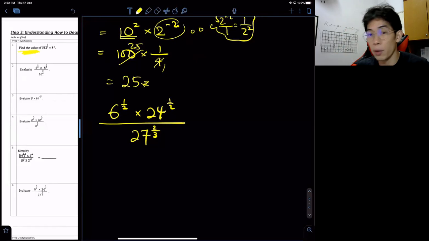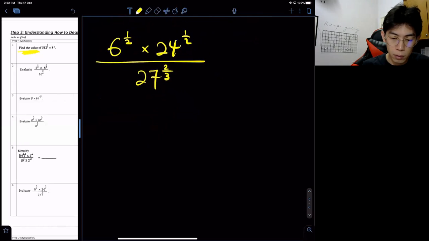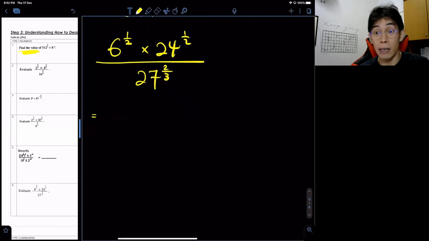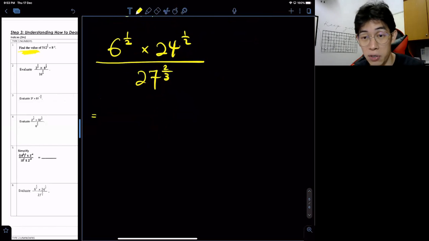So have a look and see whether you can make them smaller or not. I'll put it by the side so you can have a look on whether your process is correct or not.